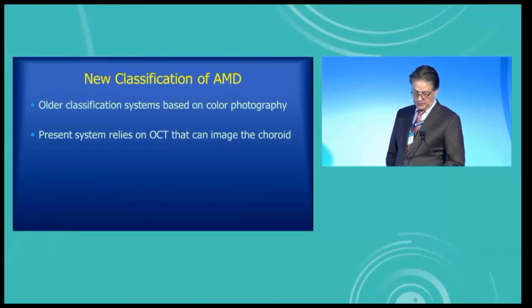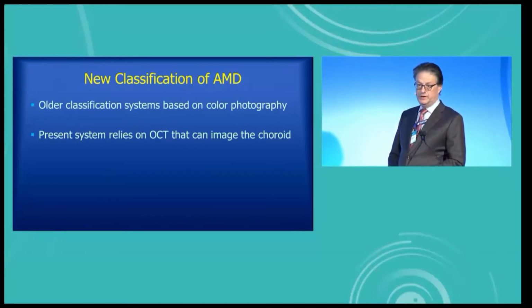Older classification systems are based on color photography. The present system relies on OCT predominantly. I'm not sure we even need color photographs anymore. With the speed of being able to get volume scans relatively rapidly and slice through that data, we can tell in an unfussy way what kind of drusen are present just by their physical characteristics.